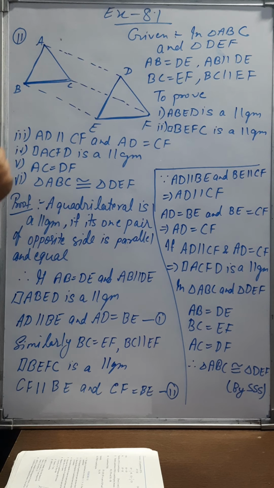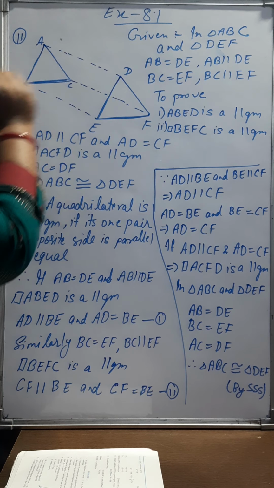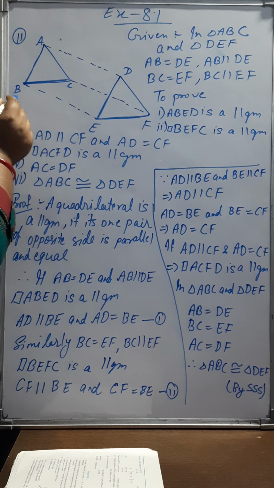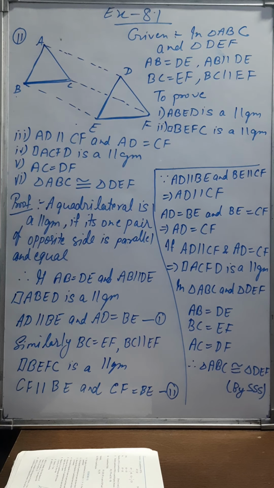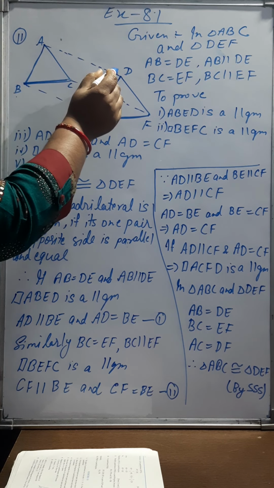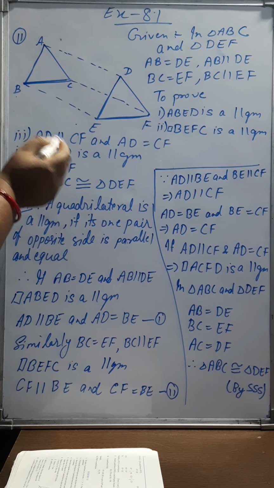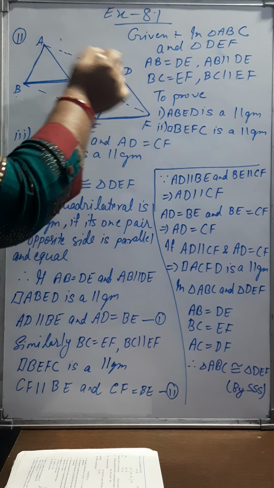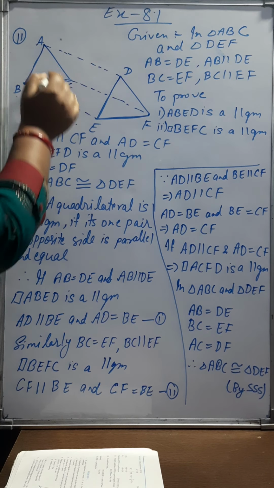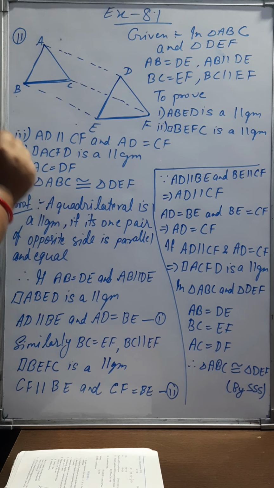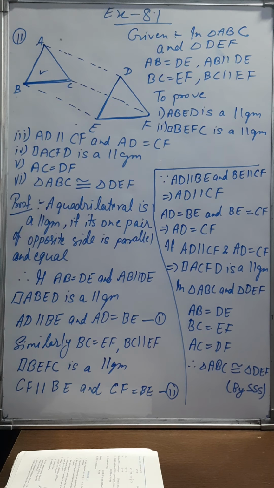We have to show that ABED is a parallelogram, BEFC is a parallelogram, AD is parallel to CF, ACFD is a parallelogram, AC is equal to DF, and lastly triangle ABC is congruent to triangle DEF.